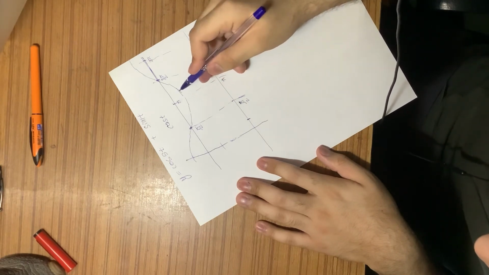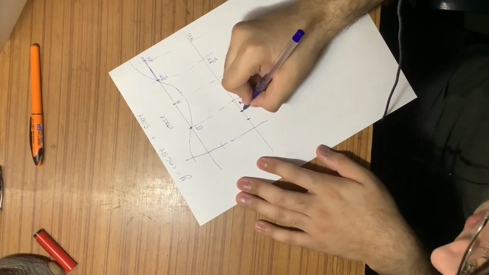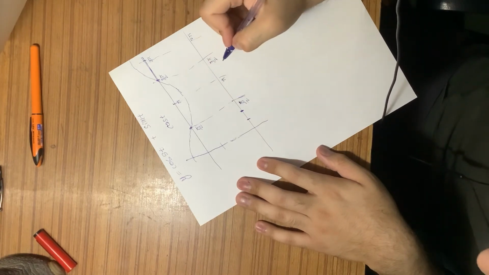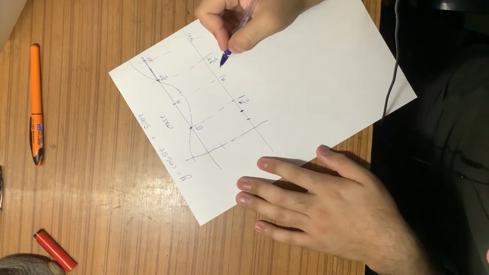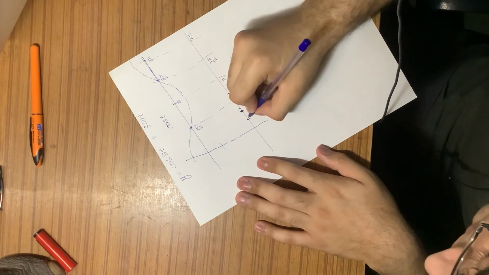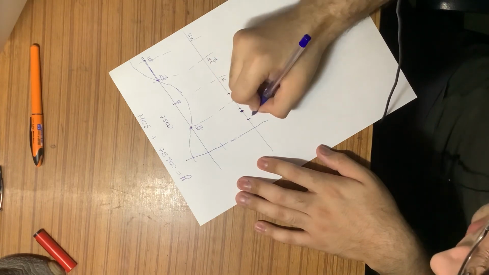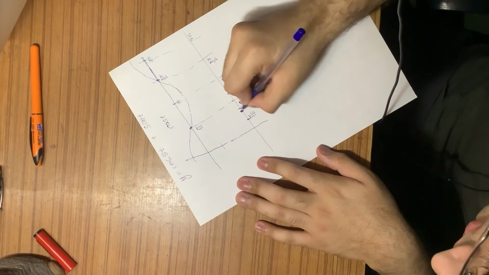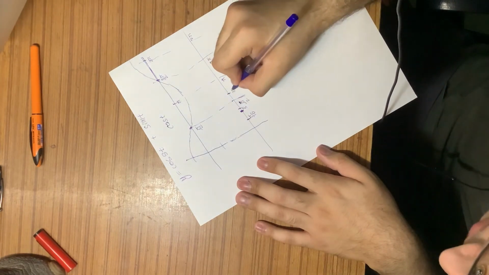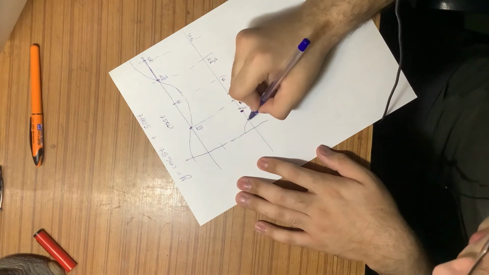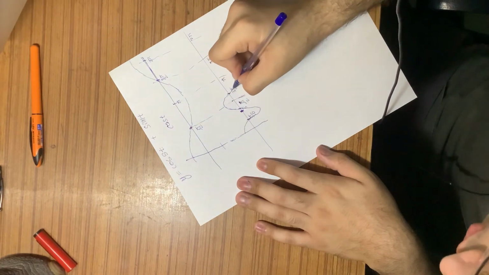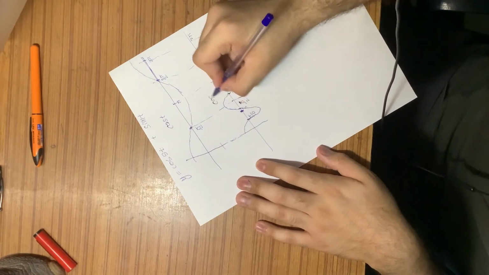Pi divided by 5 would be pi by 5, someplace here. 3 pi by 2 divided by 5 would be 3 pi by 10, someplace here. So we can write this as pi by 10, pi by 5, 3 pi by 10, and our graph would turn out something like this. This is the graph of cos 5t.